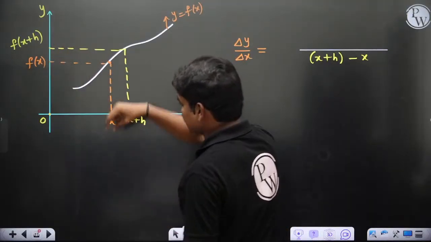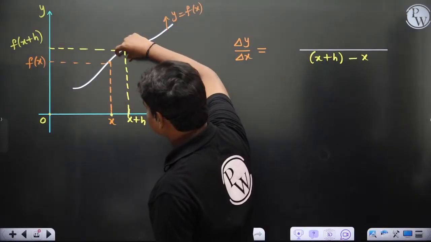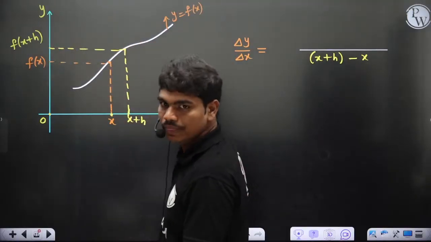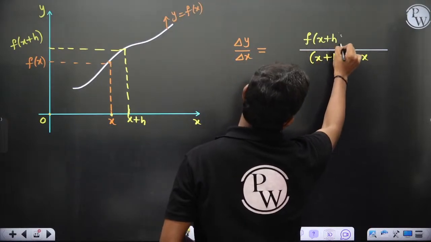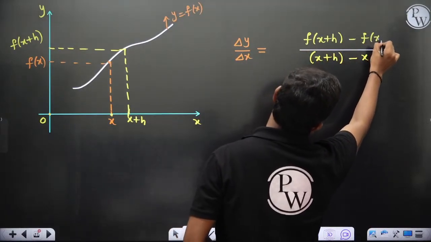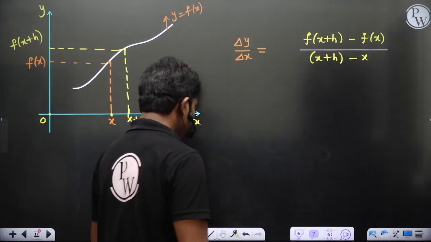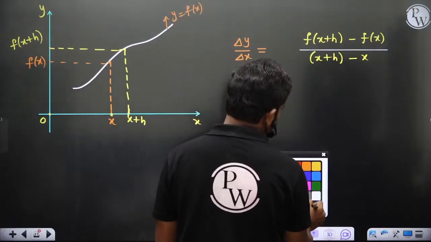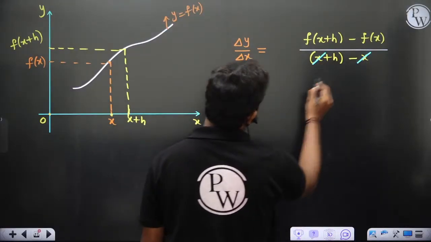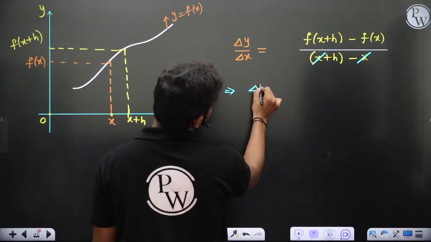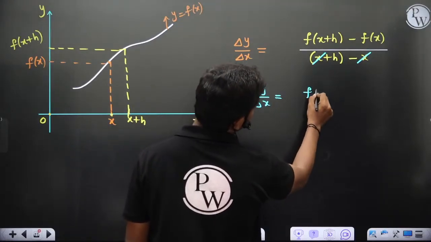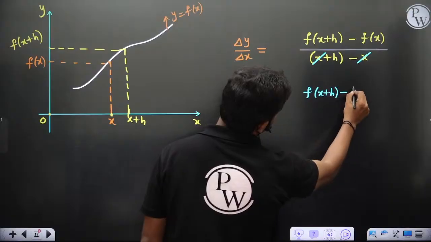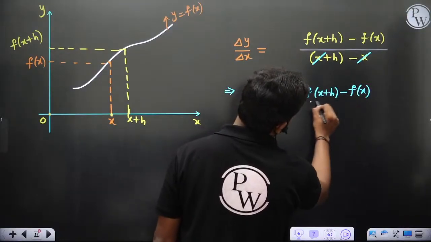You have changed x, and when you changed x, y got changed by this much. So the change in y is f of x plus h minus f of x. Now if you simplify this, delta y by delta x is equal to f of x plus h minus f of x, divided by h.